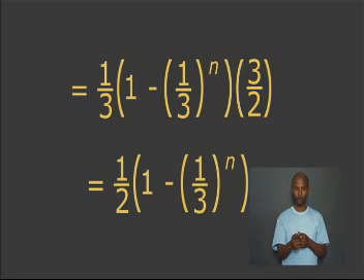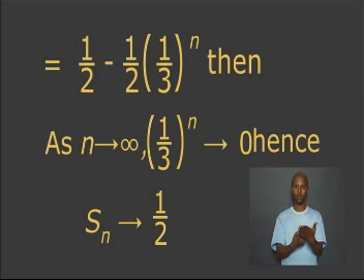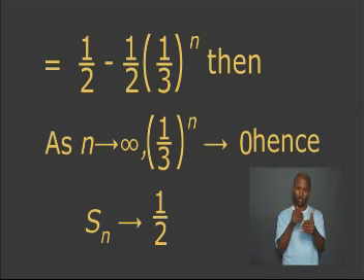Simplified, this becomes 1/2 times 1 minus 1 over 3 to the power of n. Therefore, this equals 1/2 minus 1/2 times 1 over 3 to the power of n. Therefore, as n approaches infinity, the value of 1 over 3 to the power of n becomes almost 0. So, Sn tends toward 1.